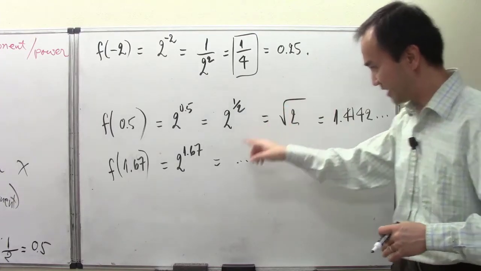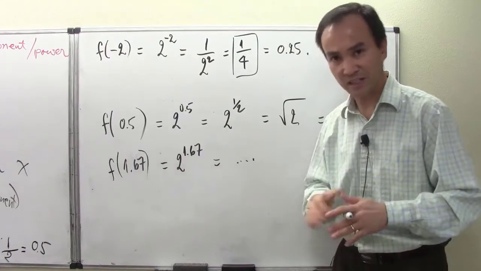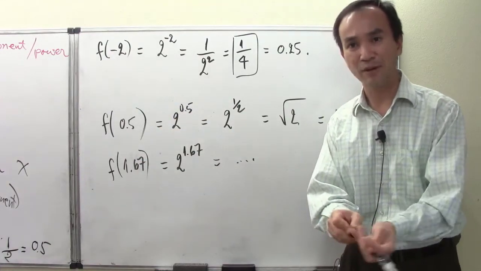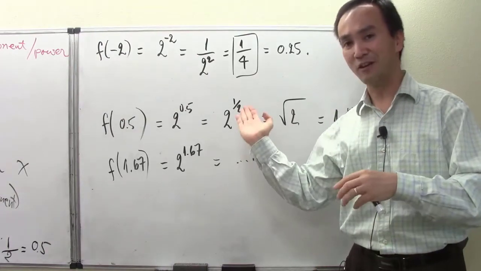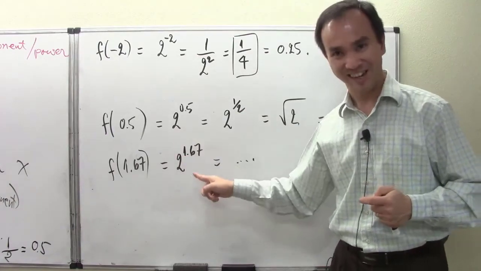Okay, and then let's now try 2 raised to the power 1.67, because these are now way beyond our mental math capability. So we need to start turning our focus to the calculator to ask for assistance.